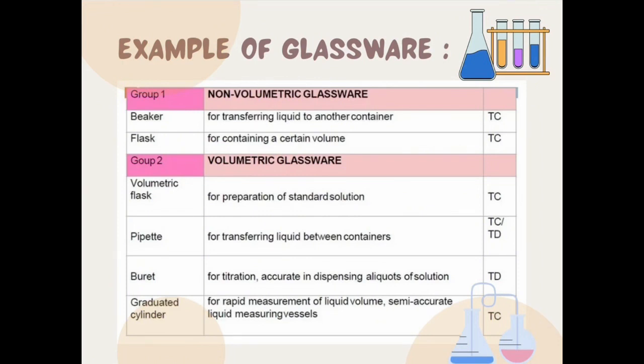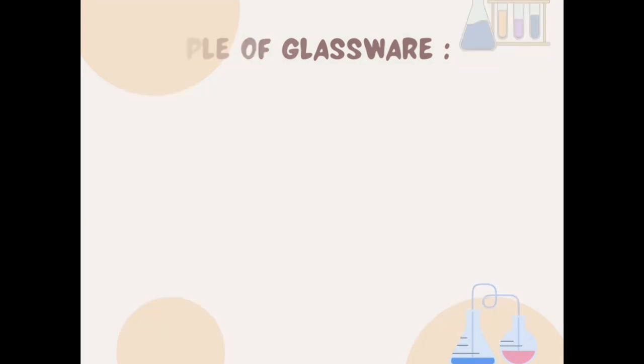Volumetric flasks are ideal for preparing standard solutions. Pipettes are used to transfer liquid between containers, TC or TD. Burettes are designed for titration processes requiring precise dispensing, TD. And graduated cylinders are useful for semi-accurate rapid volume measurement, TC. This classification helps in choosing the right glassware for different experimental needs.